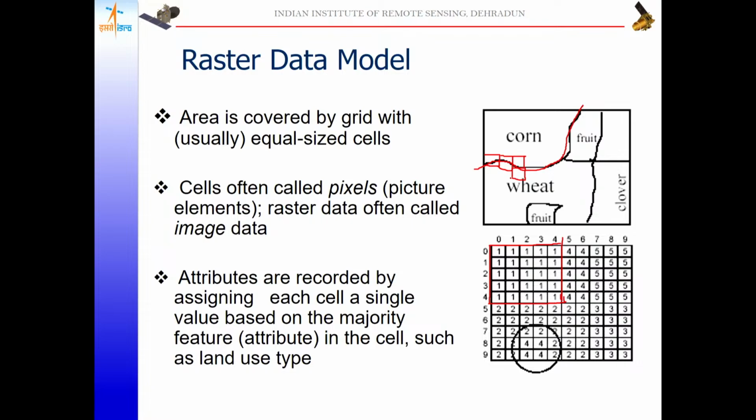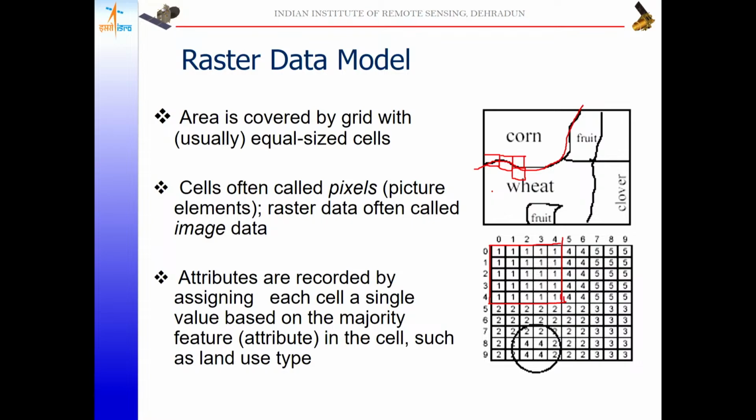So there can be situation when one pixel is covering more than one field or more than one object on ground. So in that case, whichever object is having more overlaying region, corresponding pixel will be assigned. So this way, instead of having smooth curve in raster data model, you can have zigzag effect. Either you will have this rectangular or some zigzag effect will be there.